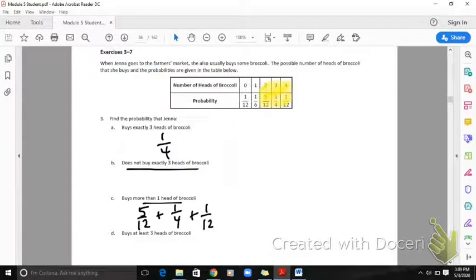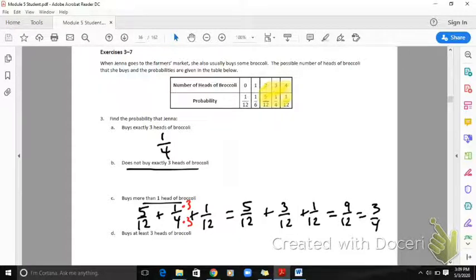So what I could do here is multiply the numerator and denominator by 3. The first one stays the same, the second fraction becomes 3/12, and the third one becomes 1/12. And we can just add all this together. We get 5 plus 3 is 8, plus 1 is 9. So we get 9/12, or I can simplify that to be 3/4.